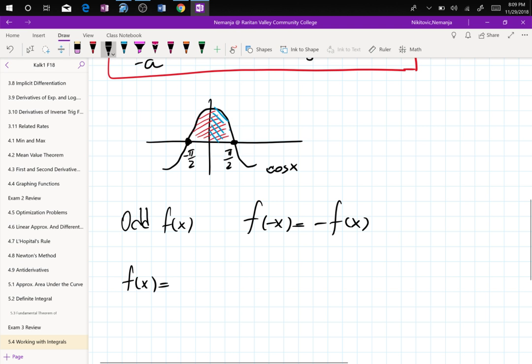You can have any. So let's say you have 3x minus 9x to 11 plus 4x to 19. As you can see, I don't have x cubed, x to the 5th, x to the 6th. I don't have those. But the ones that I do have, they all have odd exponents.